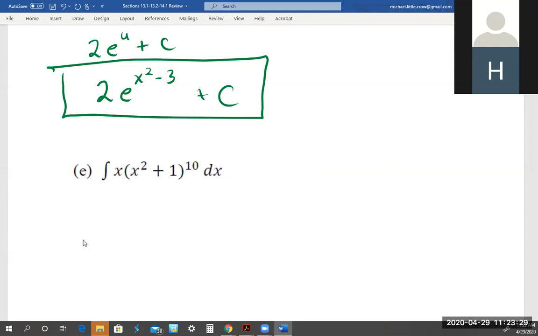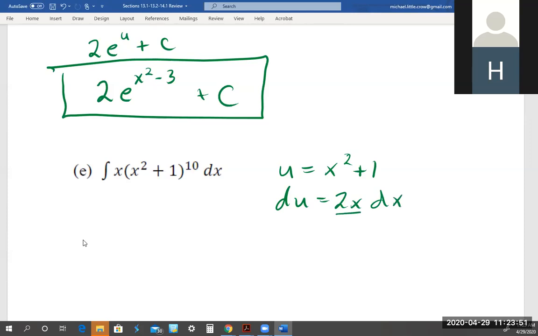And so we'll continue with this one. As we look here, whatever's in the parentheses, that's what we want to make our u. We take the derivative, so du becomes 2x dx, and the derivative of 1 is 0.